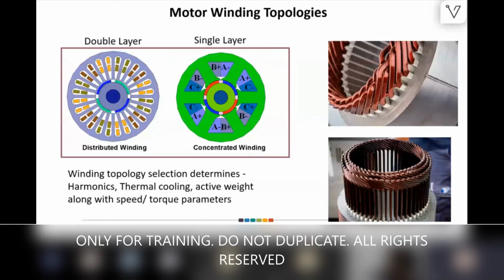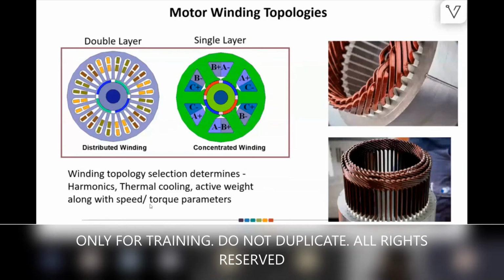This winding strategy also directly impacts the thermal cooling that is required, how effective the winding is to cool, how easy it is to cool, and what different heat transfer coefficients are involved in the end winding cooling. The winding strategy also helps us reduce some end winding material, reducing the copper in the winding, and ultimately this broadly shapes the speed torque.